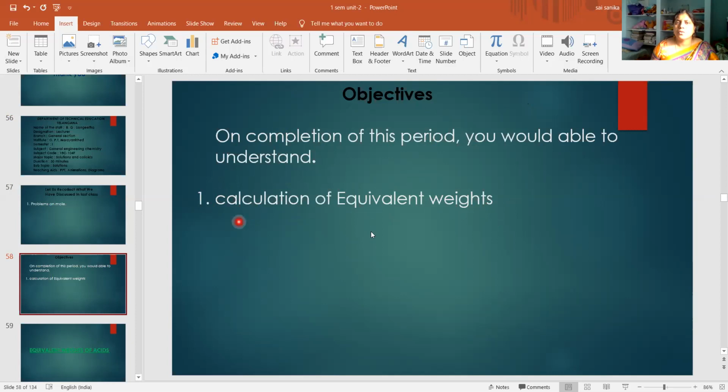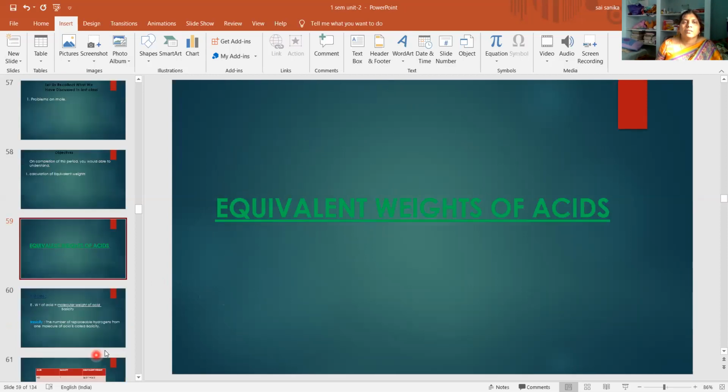Each molecule has a molecular weight. Similarly, each and every molecule has an equivalent weight. So today's topic is the calculation of equivalent weights.